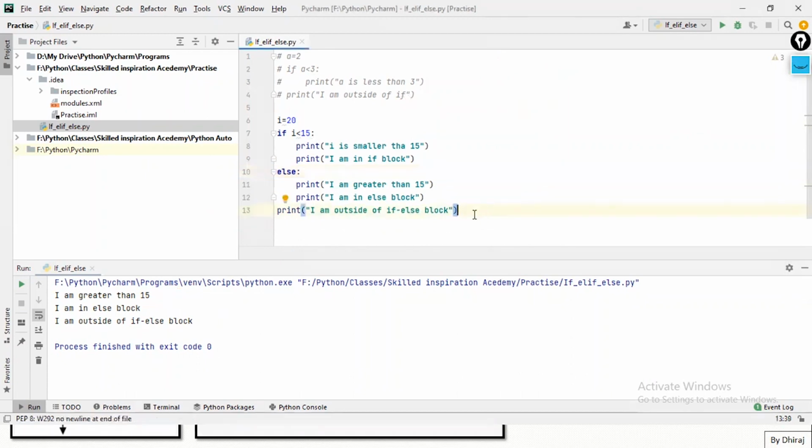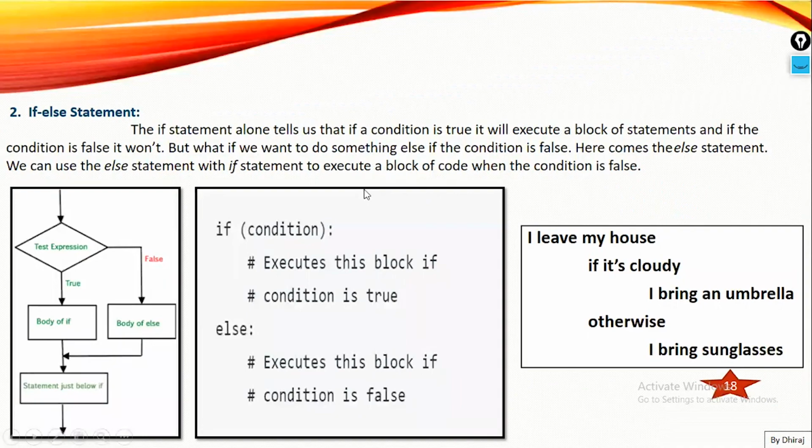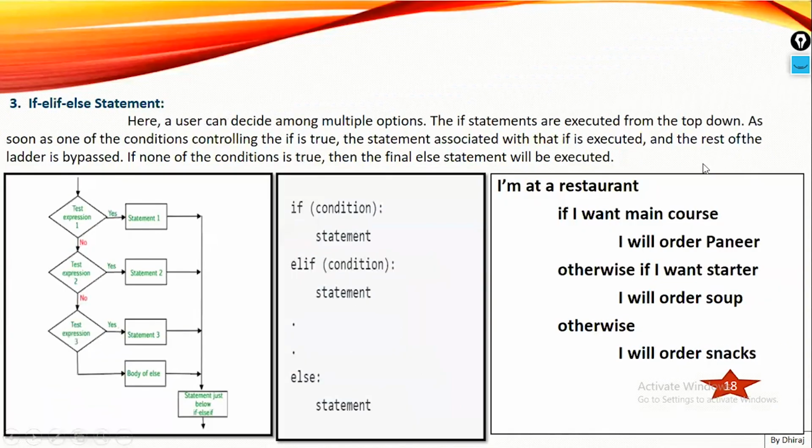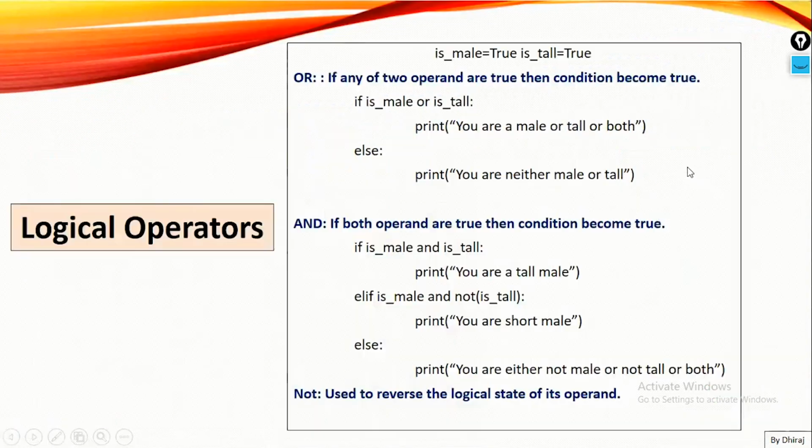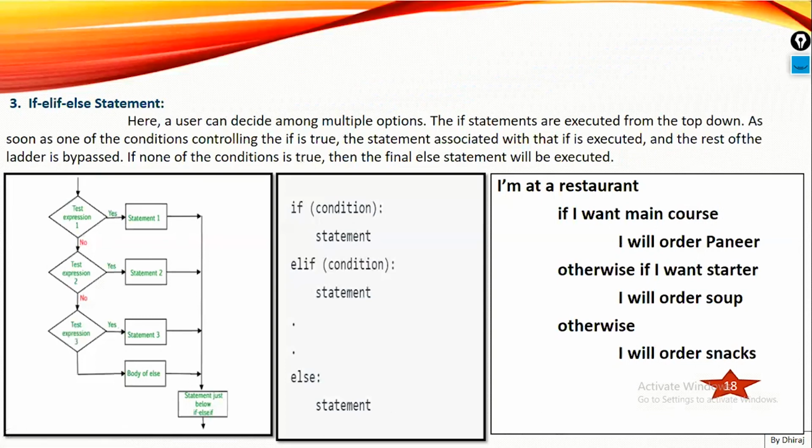So this is my second statement, known as the if else statement. So what is the third statement I have? I have the if elif else statement. See guys, first we saw the if statement where we can put only one condition. Second, we saw either or. If there is rain, I'll bring an umbrella, otherwise I'll bring sunglasses, right?